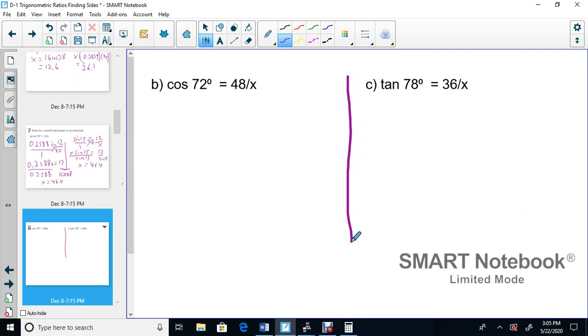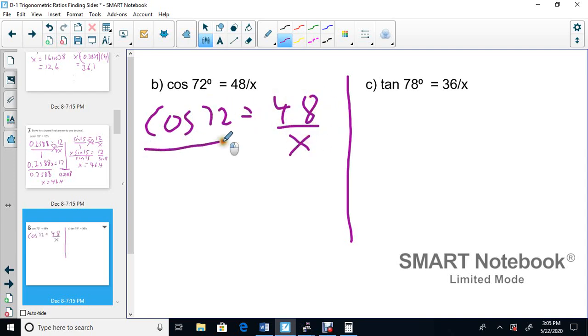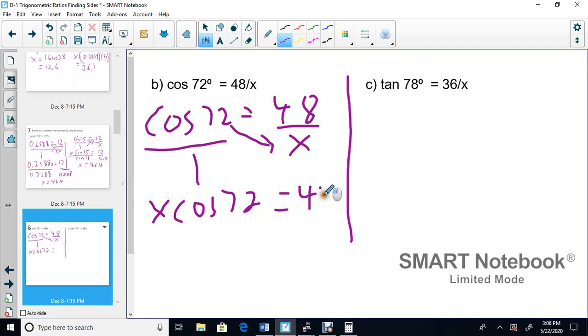So we have cosine of 72, so I'm going to do that first method. Cosine of 72 equals 48 over x. You put it over 1, you cross multiply. So you cross this way, and you put the x in the front. It always goes in the front when you do it this method. They're multiplied, so it doesn't matter on the order, but the preference is to put the x right in the front. And that equals 1 times 48, so we're crossing over 48.